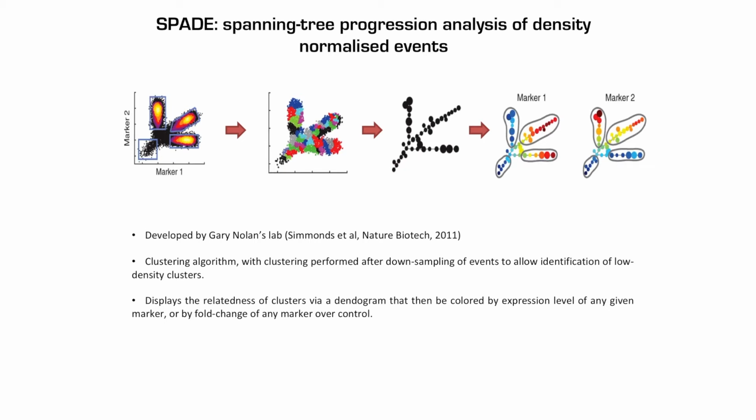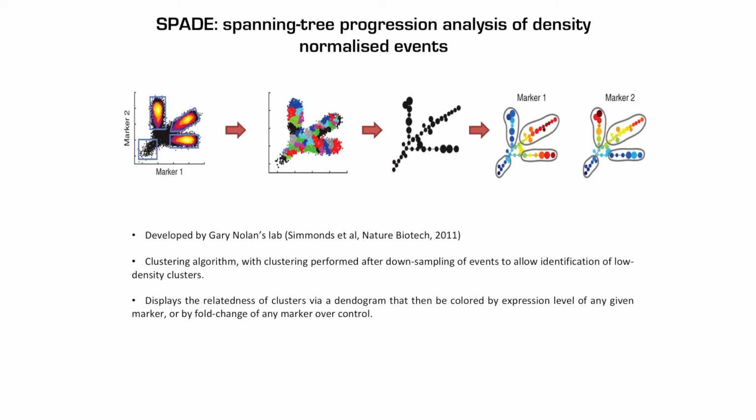They could share a certain number of markers on the surface, and they would all be clustered here, while others which do not share the same markers will be clustered elsewhere. This clustering algorithm is based on downsampling of events, and it is very good at identifying low density clusters. So this is a very important concept.